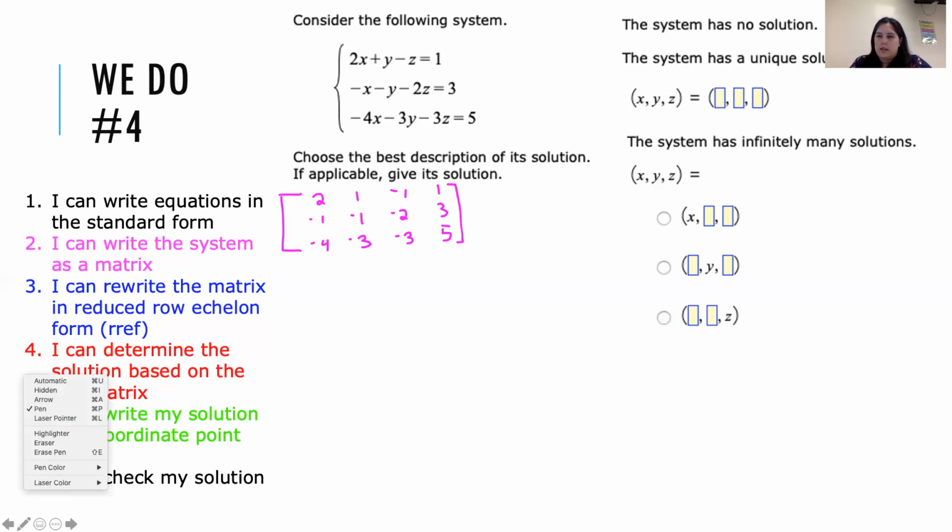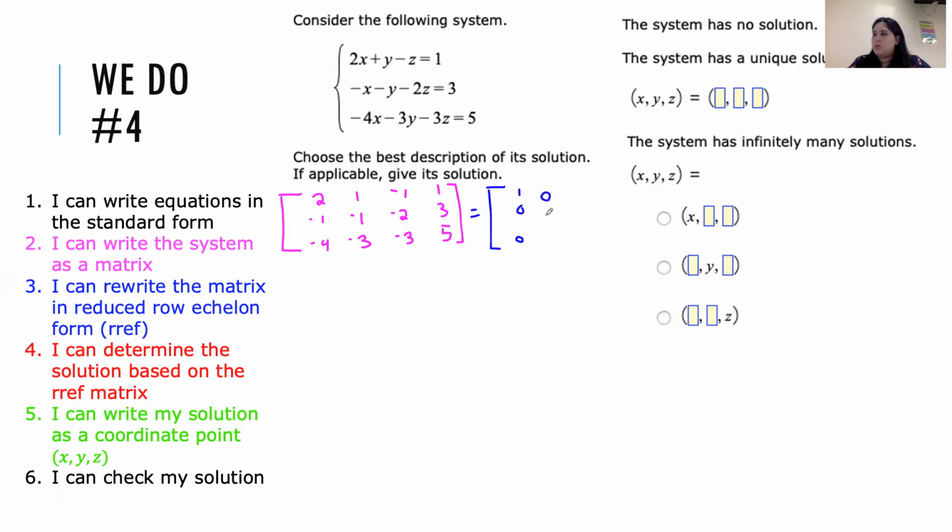We're going to go ahead and go with now our reduced row echelon form. So when we type this in the calculator, we would have gotten 1, 0, -3, 4, then 0, 1, 5, -7, then 0, 0, 0, 0.